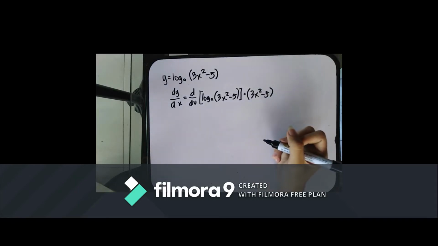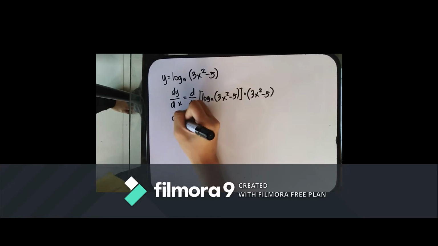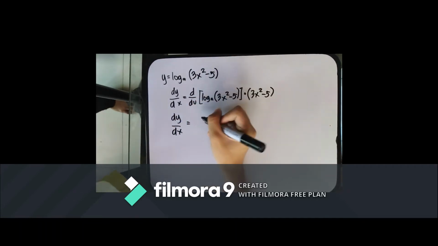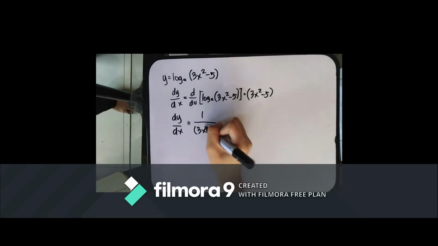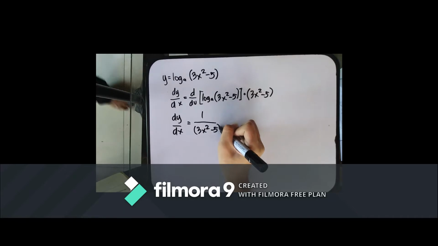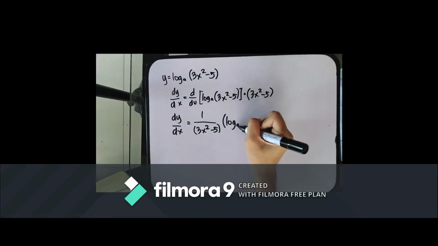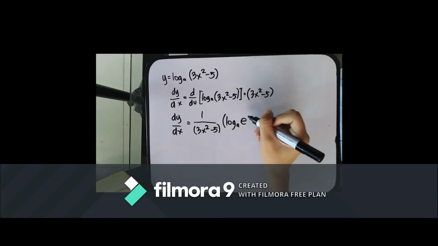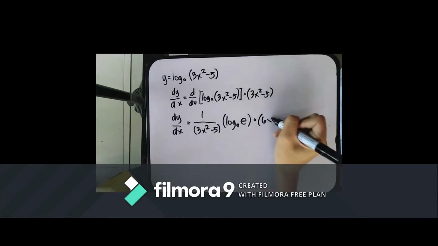The log a here is equal to log e, and multiplying by the log e, the answer of dy over dx equals 1 over 3x squared minus 5, times log a e, times 6x.